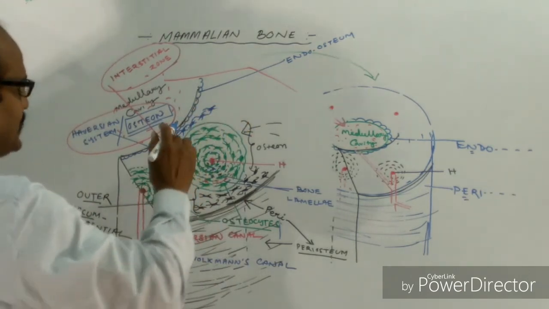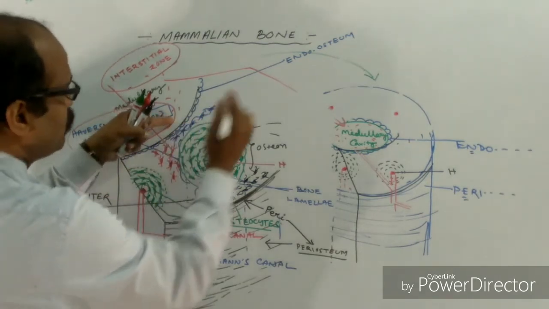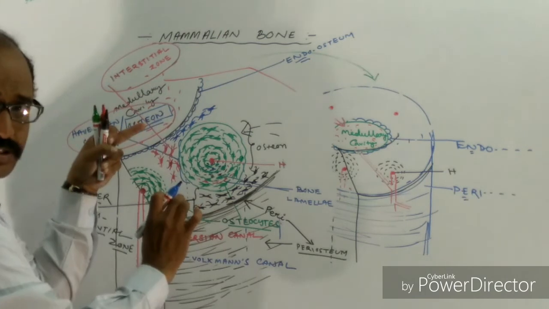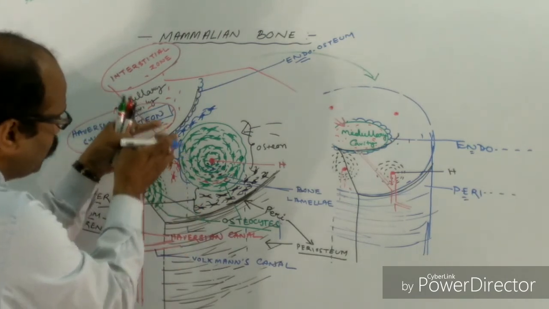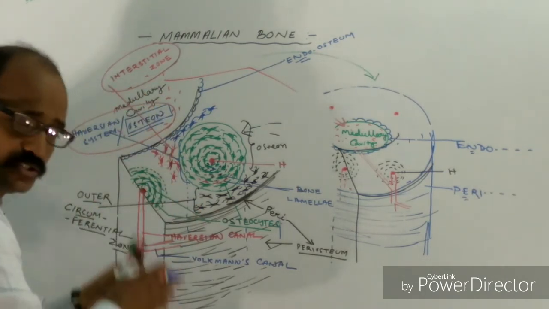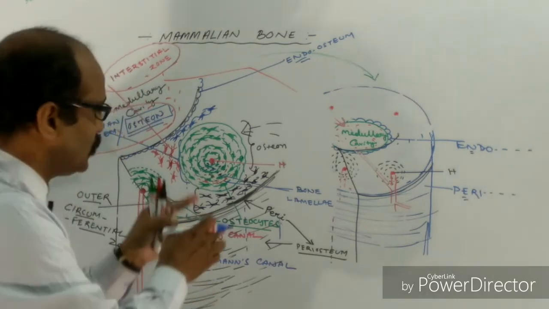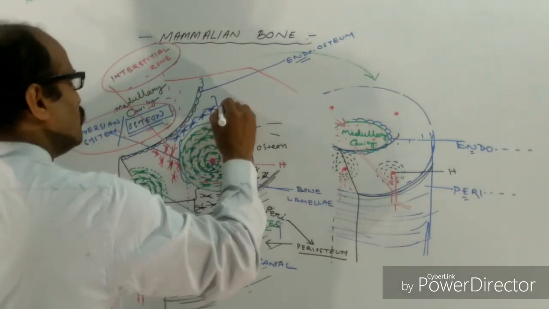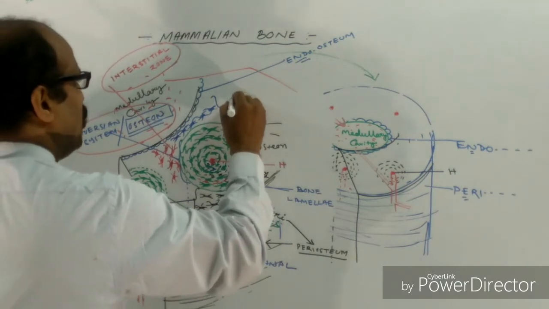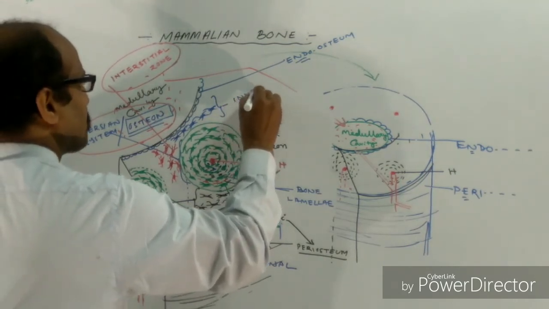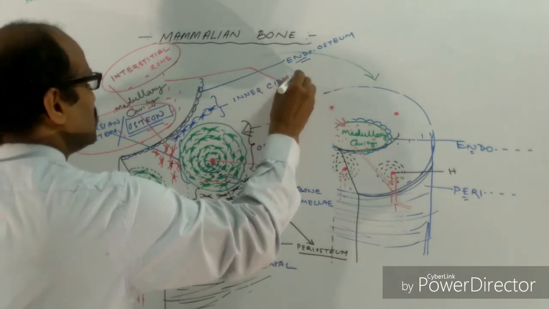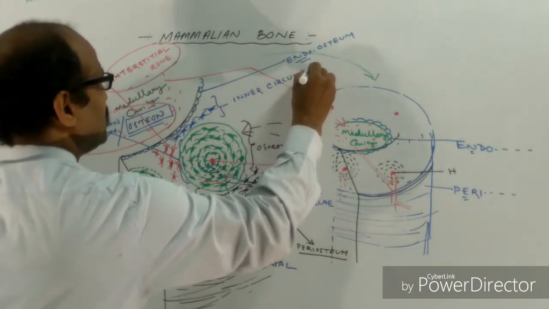These osteocyte cells are present between the endosteum and the osteon, and such a thin layer also runs parallel to the long axis of the bone, and this zone is known as the inner circumferential zone.